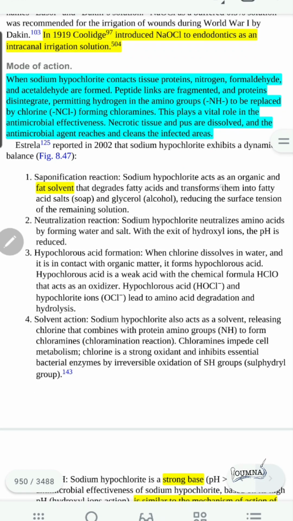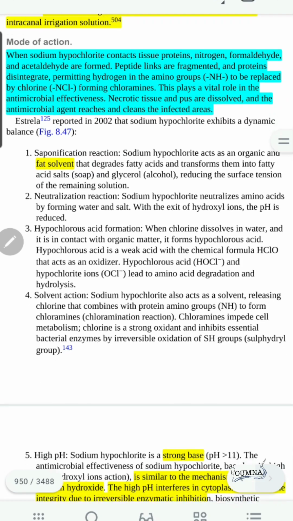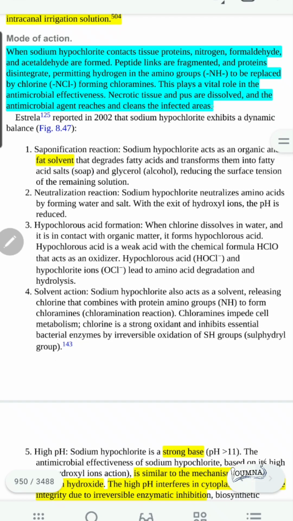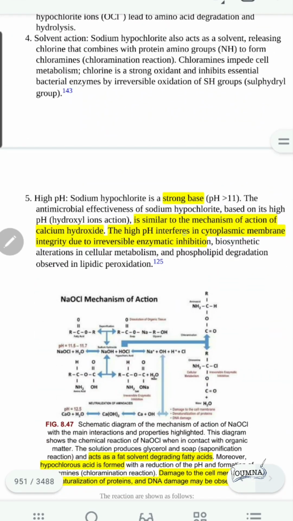Necrotic tissue and pus are dissolved, and the antimicrobial agent reaches and cleans the infected area. Also, sodium hypochlorite acts as an organic and fat solvent, which means that it reduces the surface tension of the remaining solution and acts as a lubricant. It is a strong base, and its pH is greater than 11.